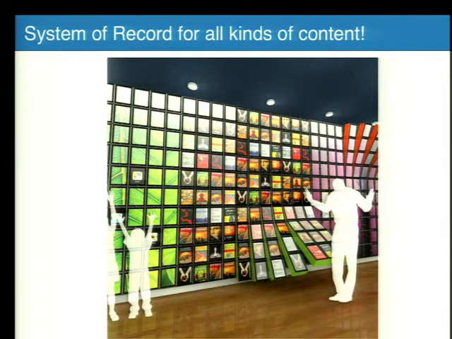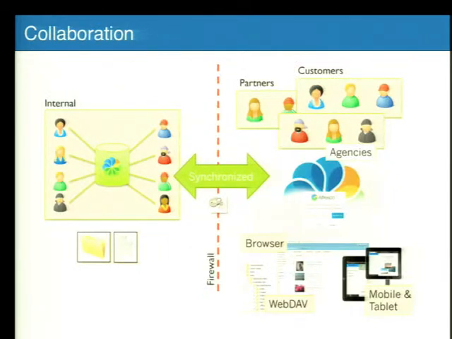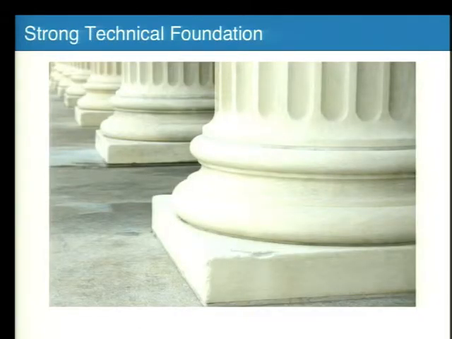This really helps users search, understand and find their content, and once they can do that, they can reuse that content across the different channels and be more efficient. Alfresco also provides a lot of great collaboration capabilities to help people maximize the value of that content, and it provides a really strong technical foundation.